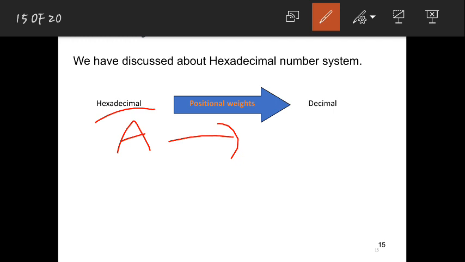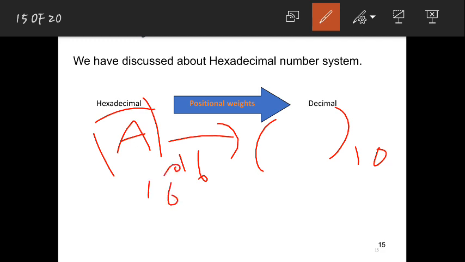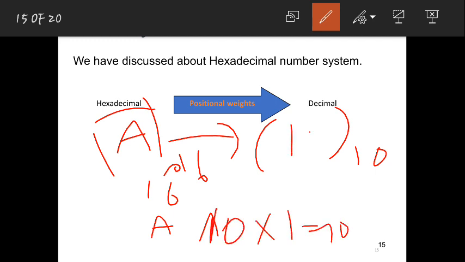If you just want to convert A, this hexa number, to decimal, you already know A means 10, but let's see the procedure. See, 16 to the power of 0, in that position you have A, so multiply with this. A means 10 into 16 to the power of 0 is 1, that is equal to 10, and you got 10.